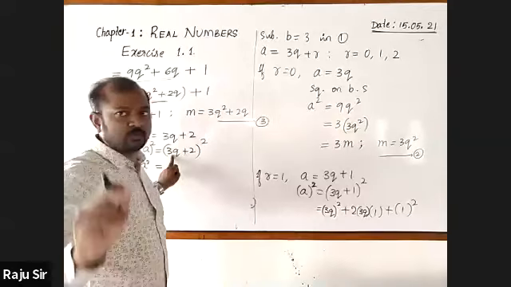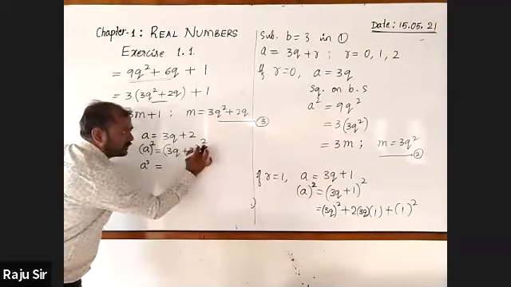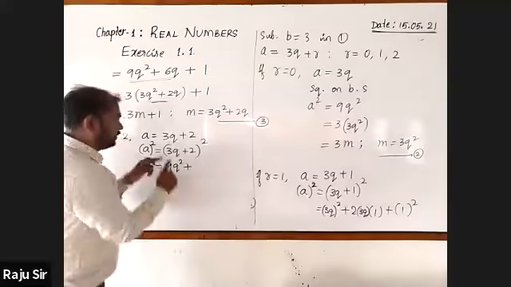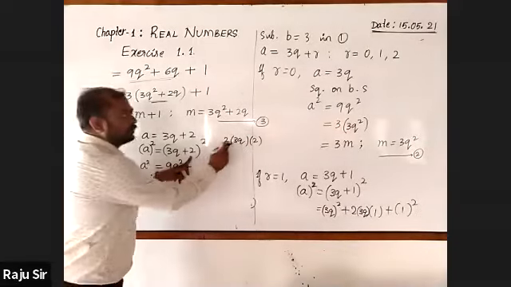Then 2ab: 2 into 3q into 2. 2 3s are 6, 6 2s are 12, so 12q. Plus 2 square, which is 4. So 3q plus 2 whole square is 9q square plus 12q plus 4.